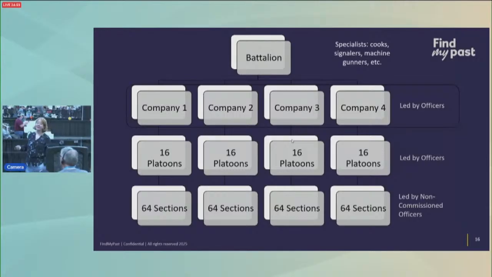So in many cases, you're looking for references to officer so-and-so to help understand your soldier situation. The sections are led by non-commissioned officers, right? So understanding the difference between the two and how the Army works is kind of important in terms of interpreting the records. Note also that a battalion would include their own specialist services, cooks, signalers, machine gunners, etc. All of those are assigned to a specific battalion.